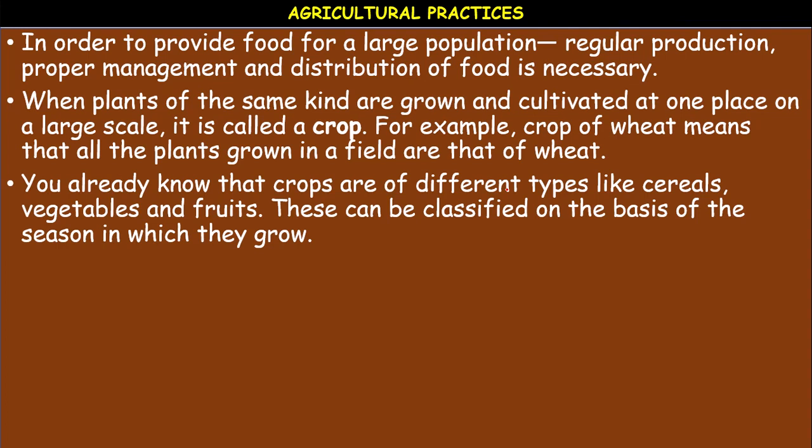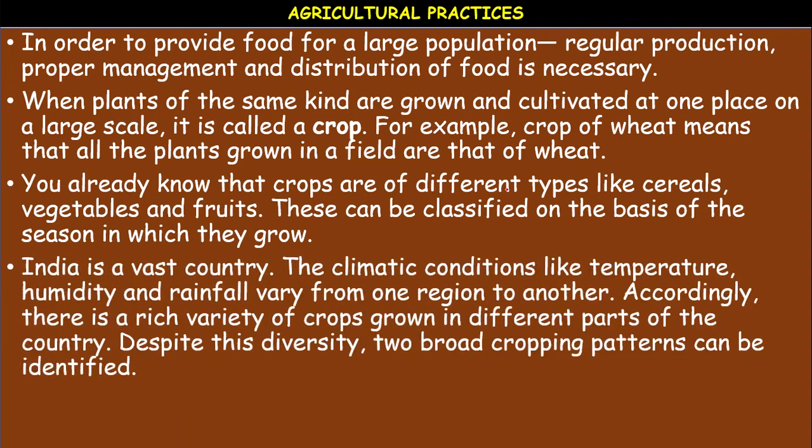You already know that the crops are of different types like cereals, vegetables and fruits. So, these can be classified on the basis of season in which they grow. India is a vast country. The climatic conditions like temperature, humidity and rainfall vary from one region to another region. Accordingly, there is a rich variety of crops grown in different parts of the country.